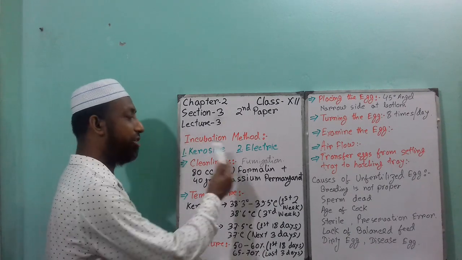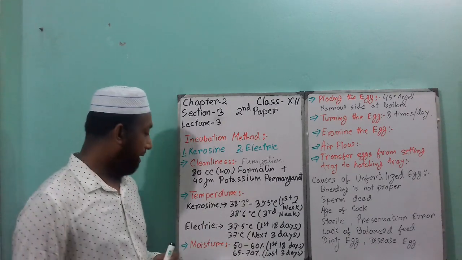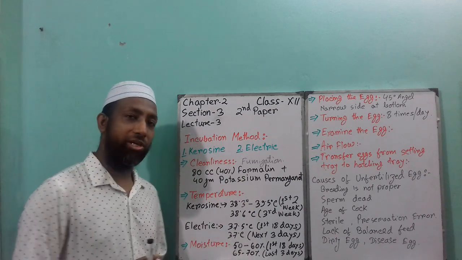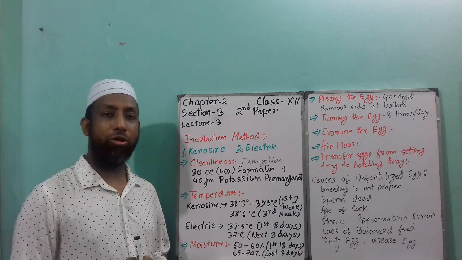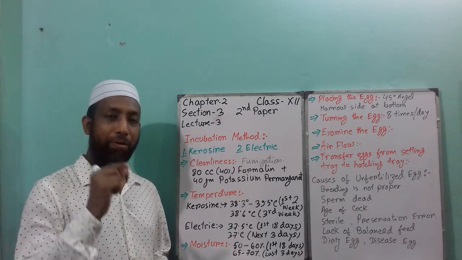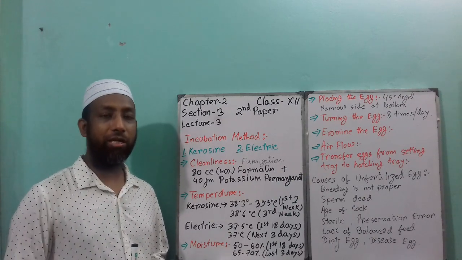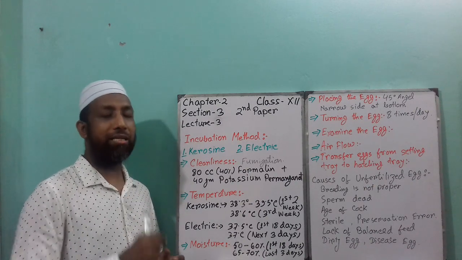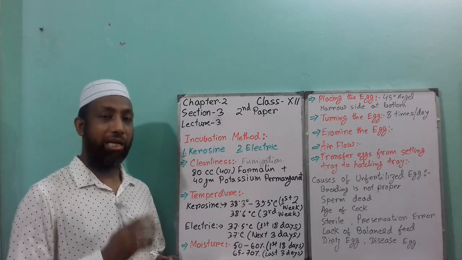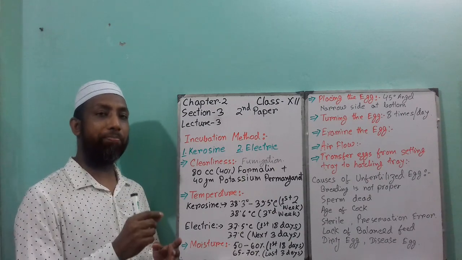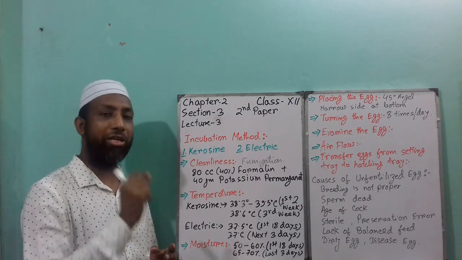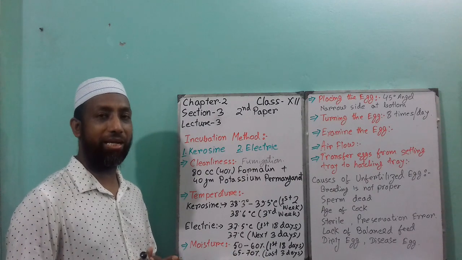Next point is temperature. Inside the machine you have to control the temperature. Before you start the machine you have to set the temperature. Remember that this works automatically. You just turn on the switch, set it, and it will work automatically.